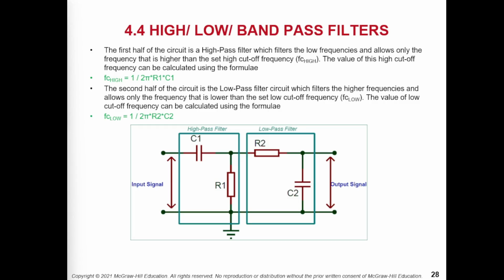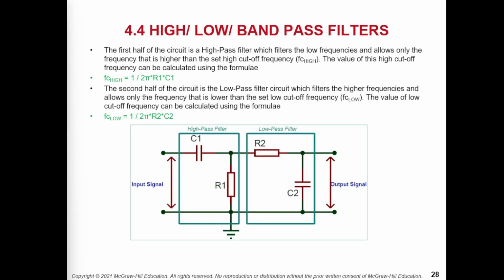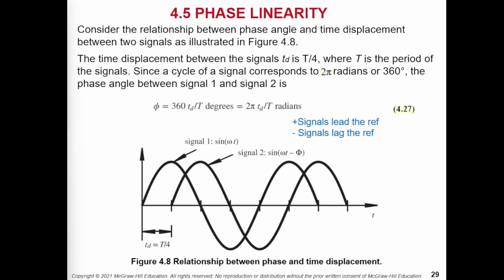So omega c, the corner frequency of the low frequency, is 1 divided by R2C2. The corner frequency of the high frequency is 1 divided by R1C1. Question? No. Okay, so we keep moving.